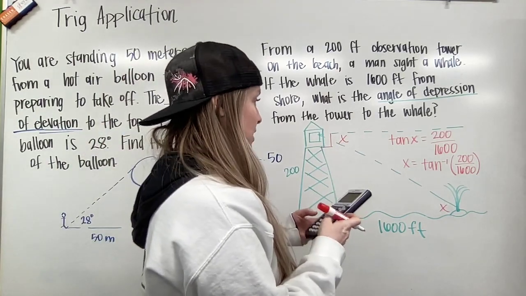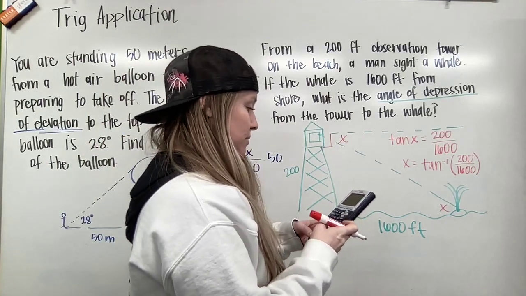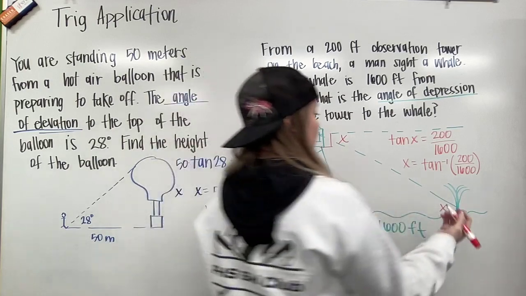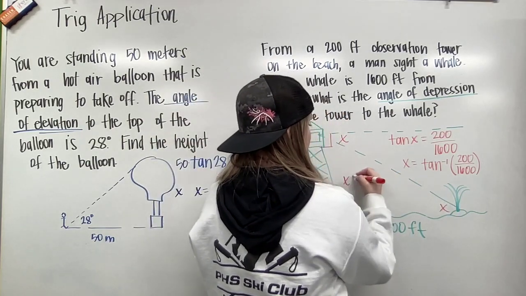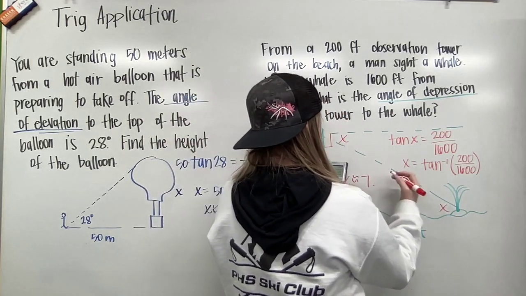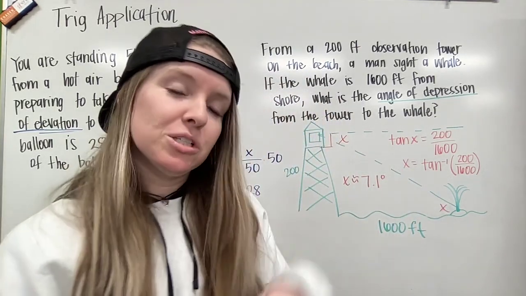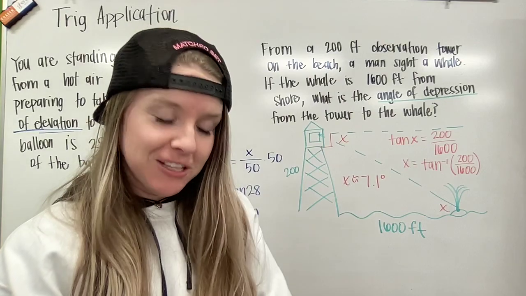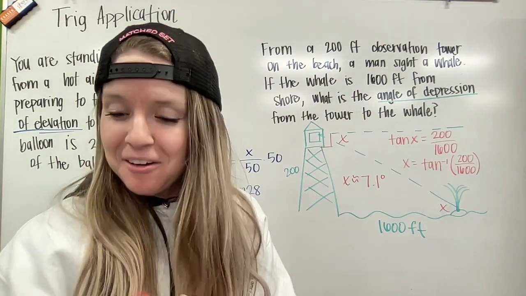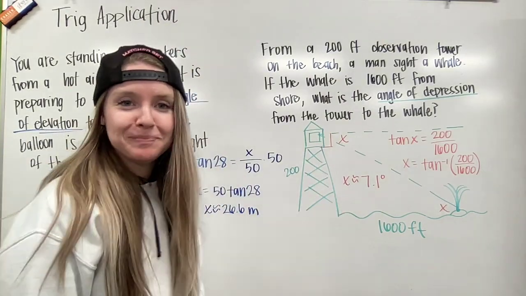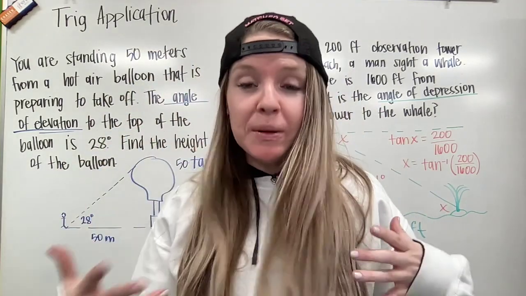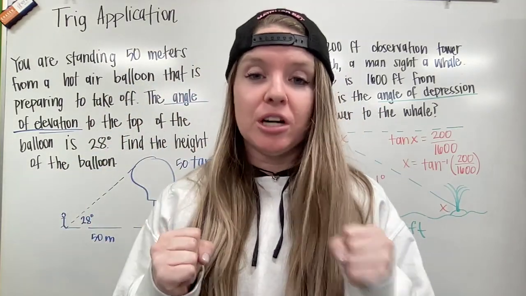So I've got my tangent inverse, 200 divided by 1,600, and I'm going to get x is about 7.1 degrees. So originally this problem, we knew the angle, so that's why I knew it was 7, but there we go. Okay? So it's just building that triangle, setting it up, and using our trig to solve.